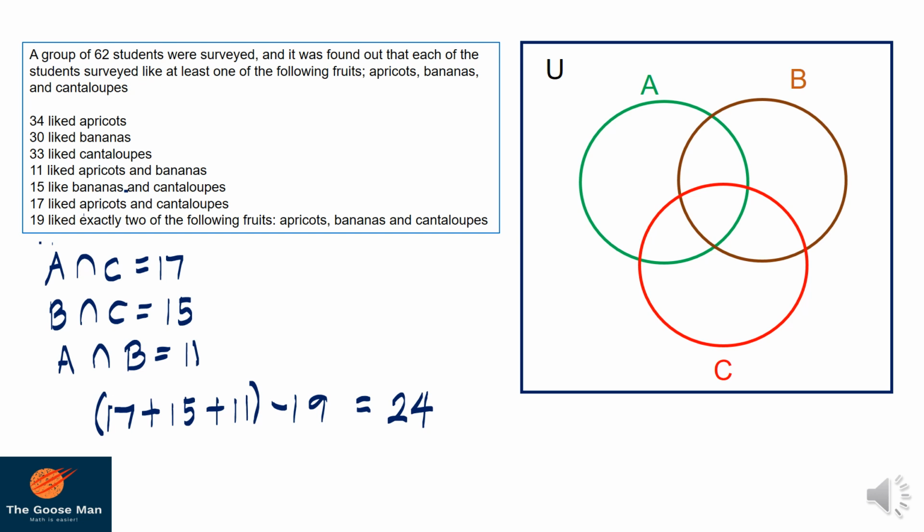However, we want to find the intersection of the three sets, namely the apricot, the bananas, and the cantaloupe. So in order to do that, I'll divide 24 by 3. This is equal to 8. It means that this is the intersection of apricot, bananas, and cantaloupes. So we can write here 8.